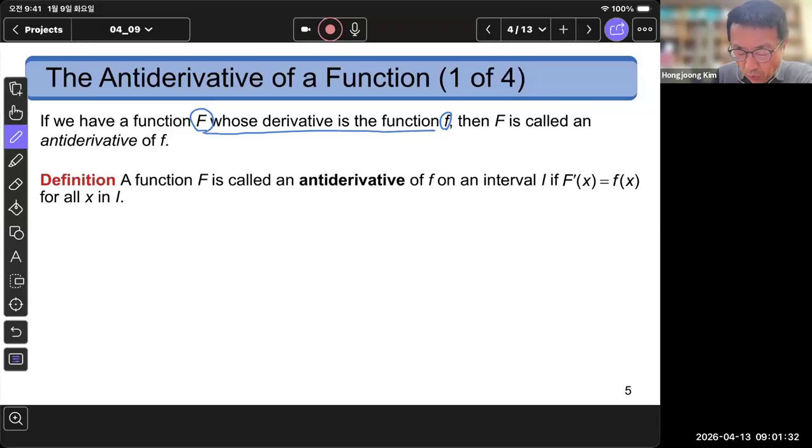In other words, when I differentiate this uppercase f, if I get this lowercase f, then previously we called this lowercase f the derivative of the uppercase f, right?